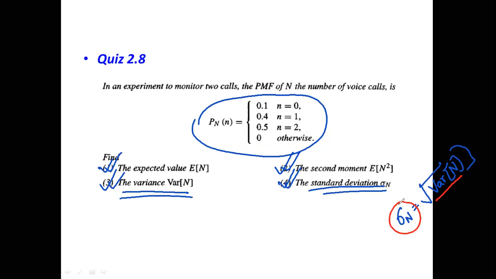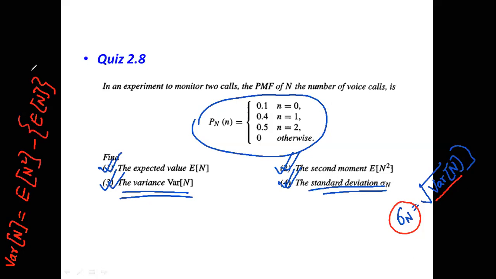Now, how can we find the variance? Remember one thing, variance of n is equal to expected value of n square minus expected value of n whole square. So if somehow we can find the value of E[n square] and E[n], then we can find the value of variance of n. So look at that.